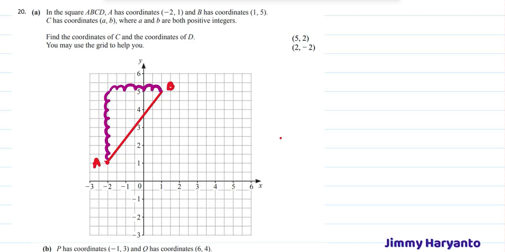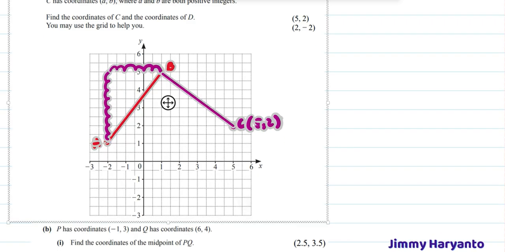If the first one is 6 units to the left and 8 units down, that means this time you'll go 1, 2, 3, 4, 5, 6, 7, 8 to the right side, and then 6 going down. That means the next point will be right here, which is 5, 2.